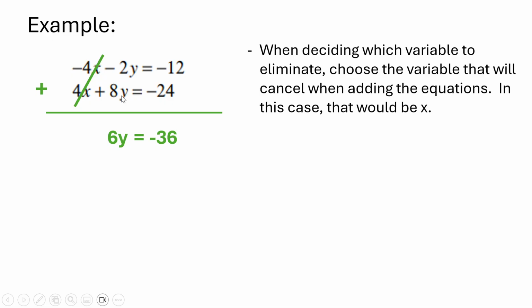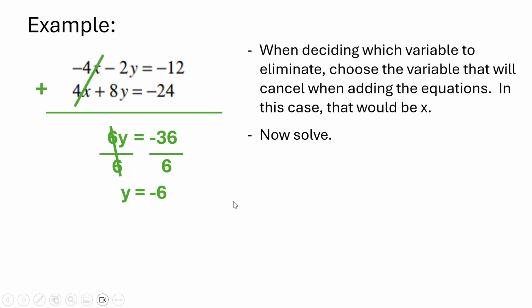Negative 2 plus 8 is 6y equals negative 12 plus negative 24 is negative 36. Okay, once you add the two equations, then you can solve for the variable. So divide both sides by 6, and we get y equals negative 6.